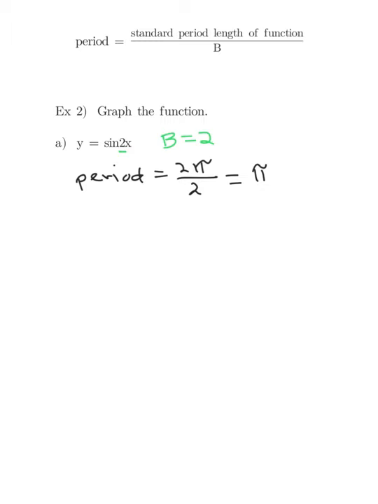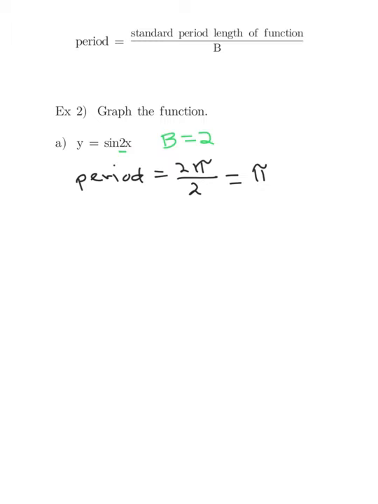What this means then is instead of taking 2 pi to go through one full cycle, one full period of our function, it's going to happen in only 1 pi. Think back to our original graph of the sine function.